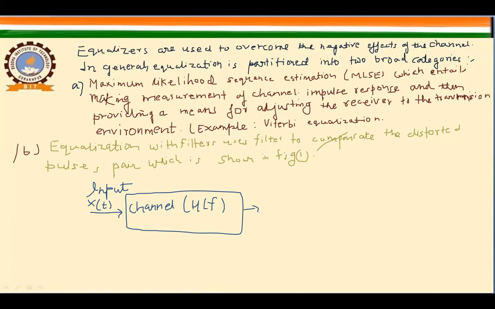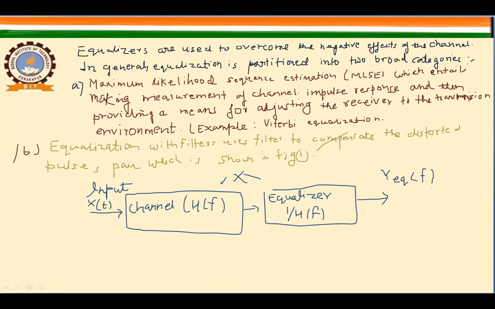Input signal x of t is given to channel h of t. We putting the equalizer 1 over h of f, and multiplied by these two terms, we getting the original signal.